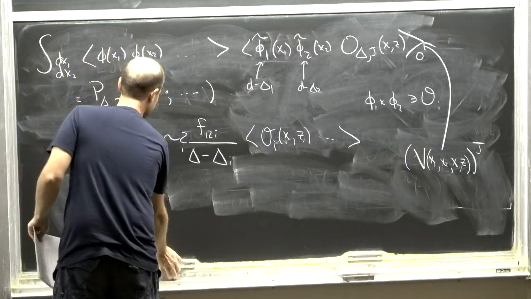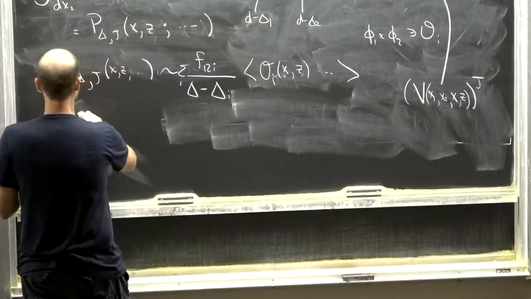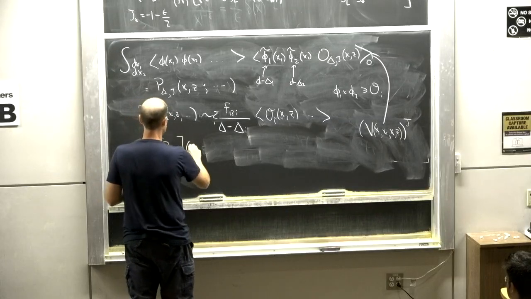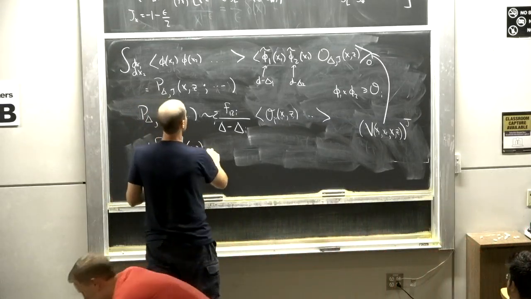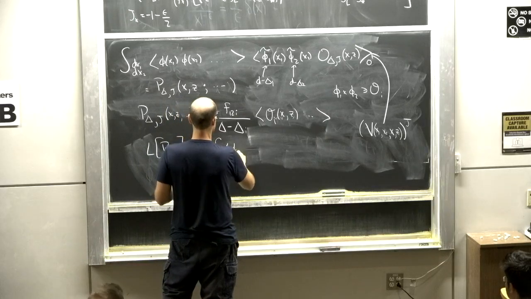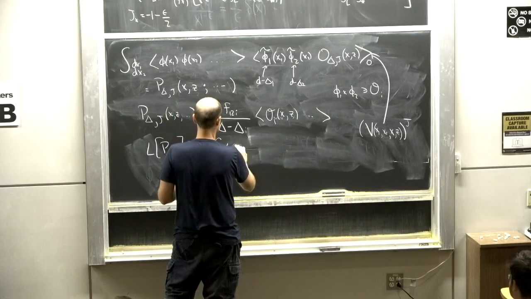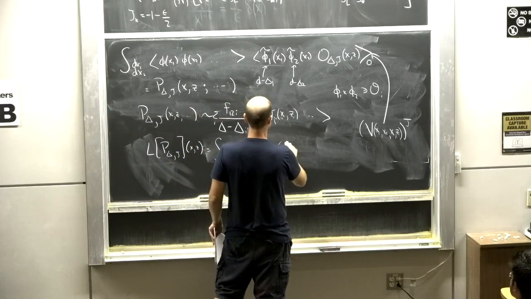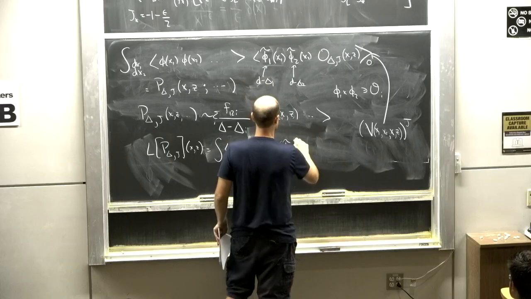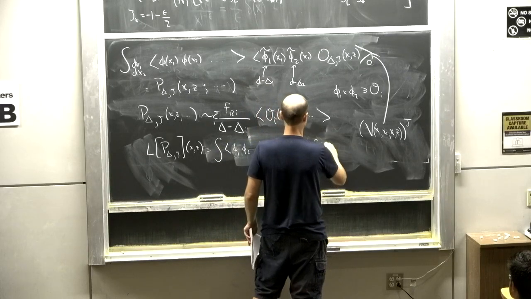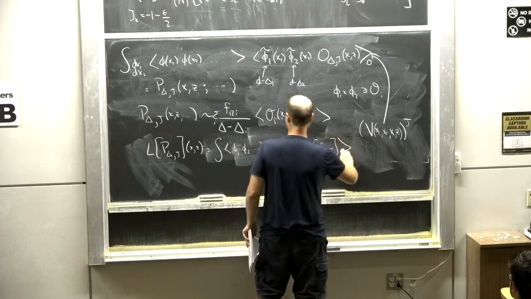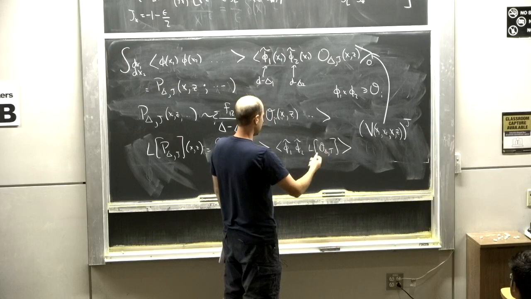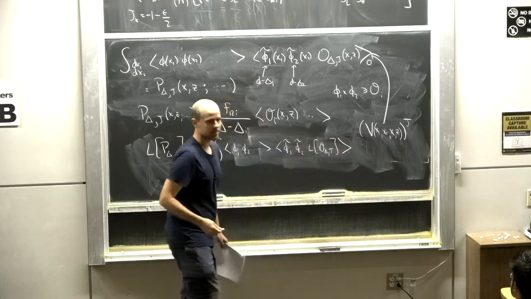So instead of studying this, you study the light transform of P. So this is still the integral of the correlation function phi1, phi2, dot dot dot against a kernel, but now the kernel is the light transform of the original kernel. It turns out this actually is analytic in J.